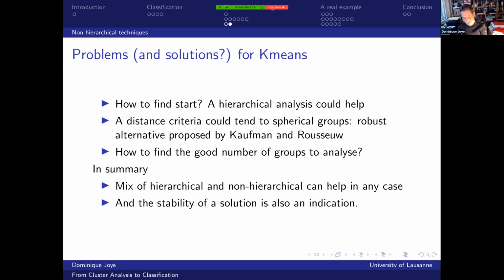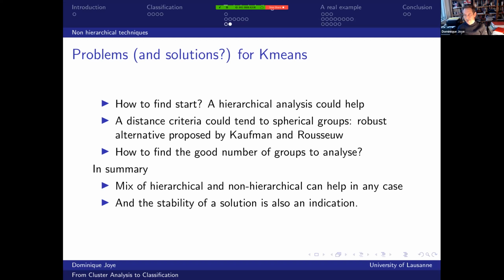And for that, I have to make a little parenthesis. If we do a cluster analysis, we will always have a result, but it's not clear that the result is a good result in this sense, a stable one.